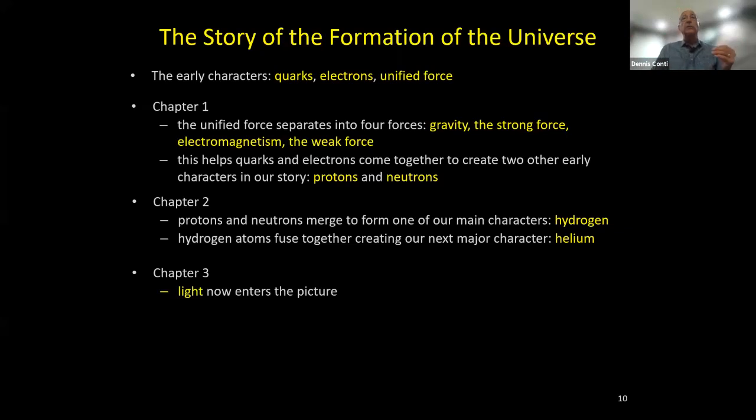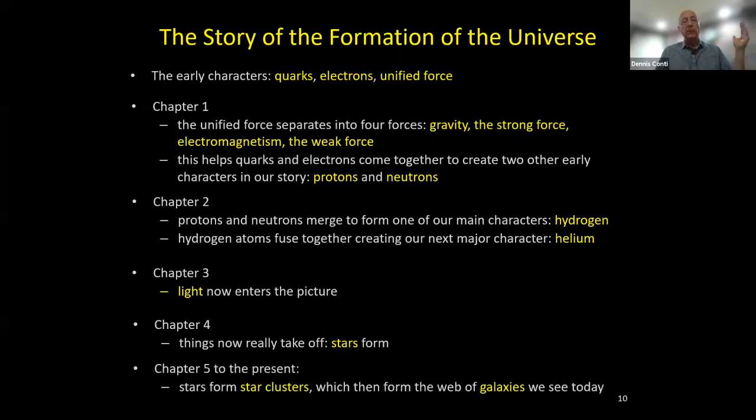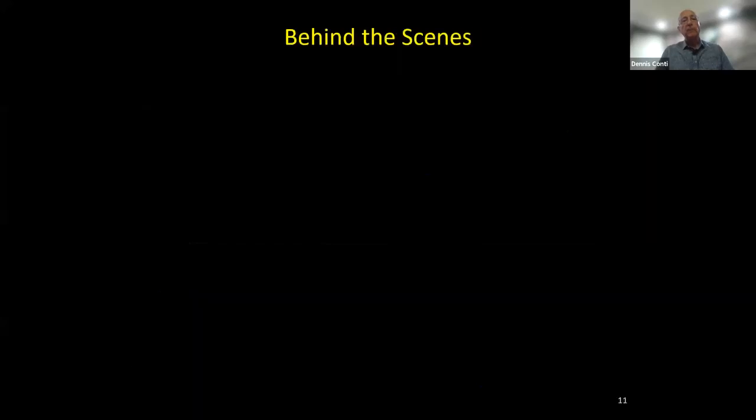Chapter 3 of our story is all of a sudden light entered the picture. Chapter 4, things really took off. Stars formed, galaxies formed, and we now are where we are today. So these are sort of what I'll call the 5 chapters in our story about how the universe formed. I'm going to talk about each chapter in a minute.